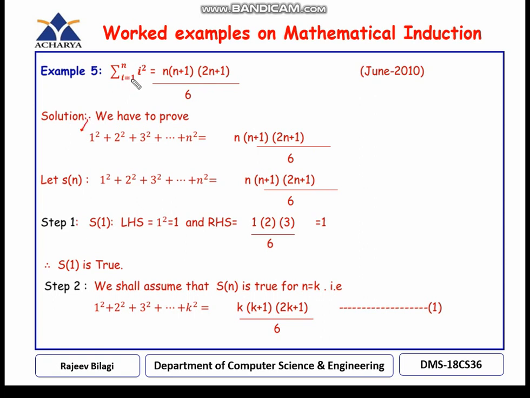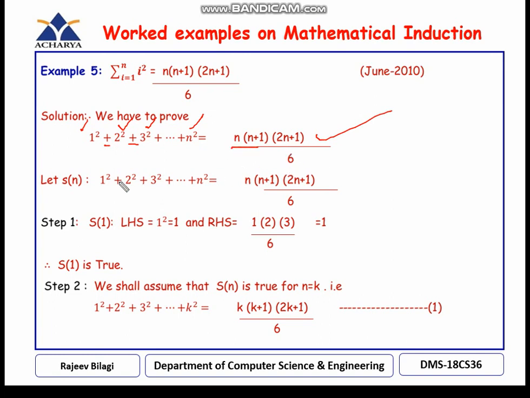If you take i equal to 2, that is 2 square. i equal to 3, that is 3 square, up to n square, and it is a summation, that is why I have taken plus here. So this is equal to n into bracket n plus 1 into 2n plus 1 whole divided by 6.